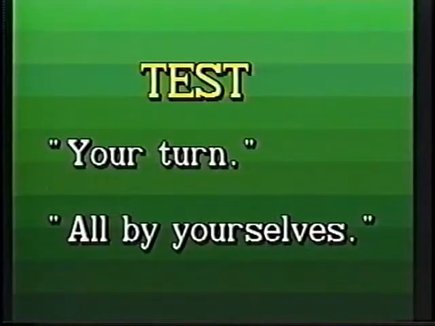When the children appear to have responded correctly 2 times in a row with your lead, you have to let the children respond to the instructional task without your answering with them. This is called the test step. For the test step, write your turn or all by yourselves.